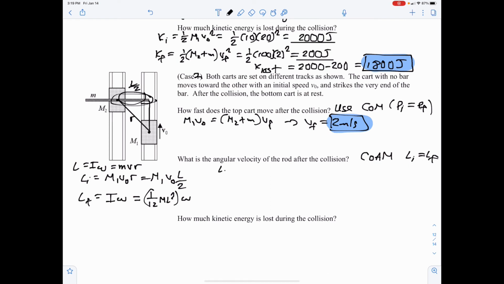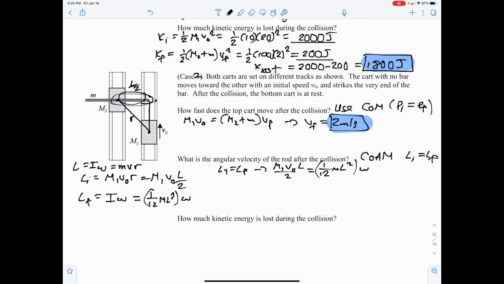So L initial equals L final, which would be m1 v0 L over 2 equals 1/12 m. This one would be little m because it's the mass of the bar that's rotating, little m, times L squared, right? And then times omega. And then we have to solve for omega.